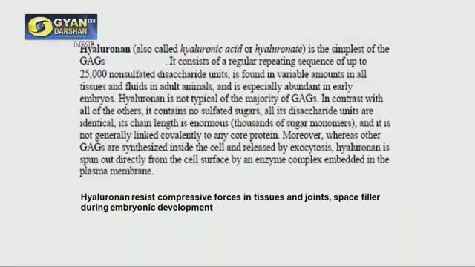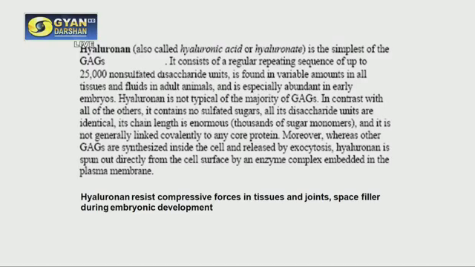I repeat those 4 points. Number 1, no sulfated sugar. Number 2, all its disaccharide units are identical. Number 3, its chain length is enormous, thousands of sugar monomers. And number 4, it is not generally linked covalently to any core protein.